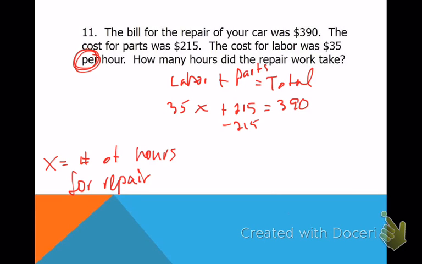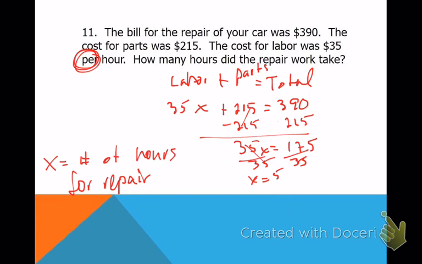So subtract 215 to get 175, and then divide by 35 to get 5. And then to answer the question in a complete sentence, the repair took 5 hours.